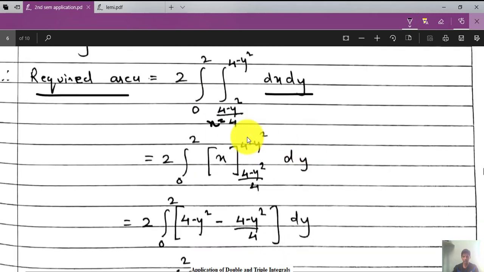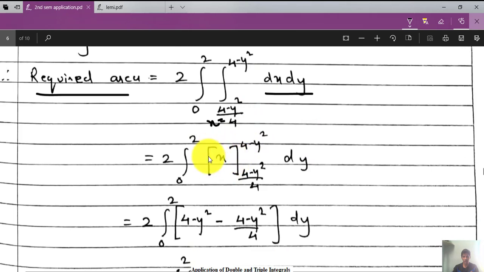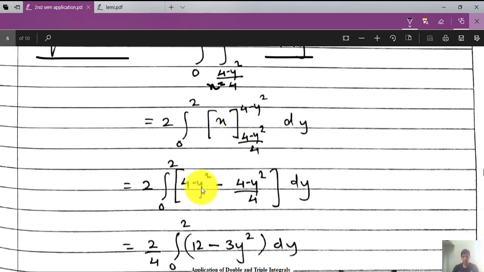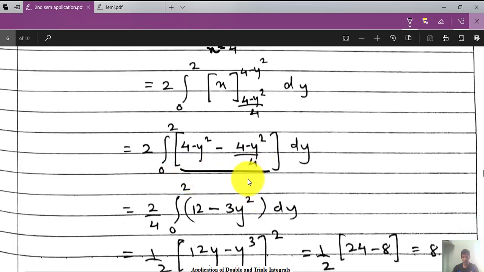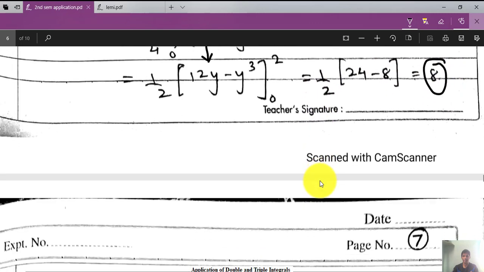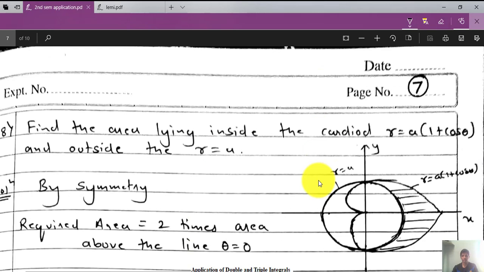Integrating, x over this limit gives 4 minus y square minus 4 minus y square divided by 4. Simplify this: take 2 by 4 common outside, 12 minus 3y square dy, integrate again to get 12y minus y cube over the interval 0 to 2. Simplify it and you get the answer 8. Okay, fine.